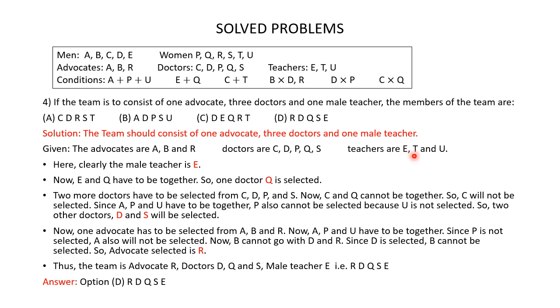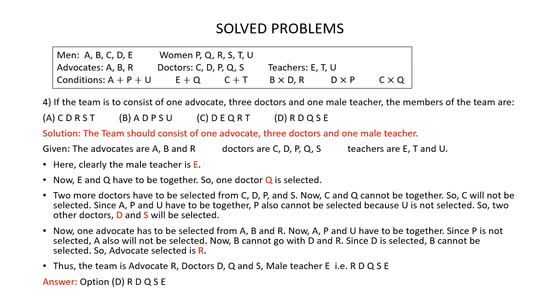Now amongst E, T and U, clearly you can see that only E is the male teacher. So the male teacher E is selected for the team. Now according to the given condition, we know that E and Q have to be together. Now since E has been selected, clearly Q has to be selected. So one doctor Q is selected.